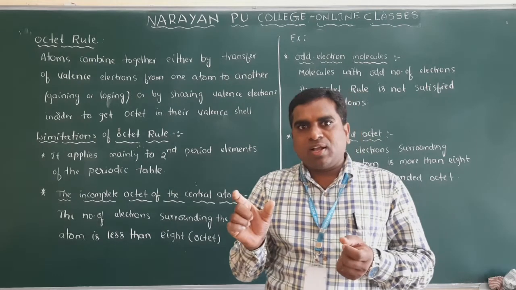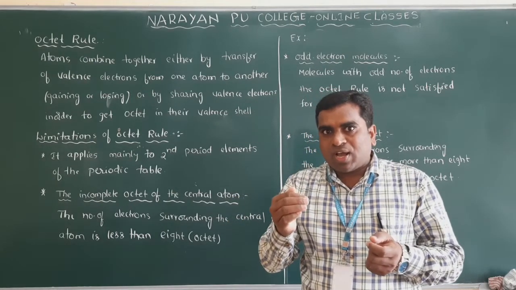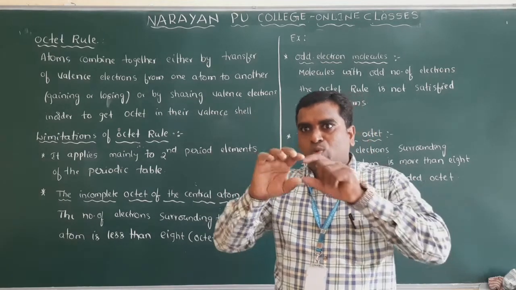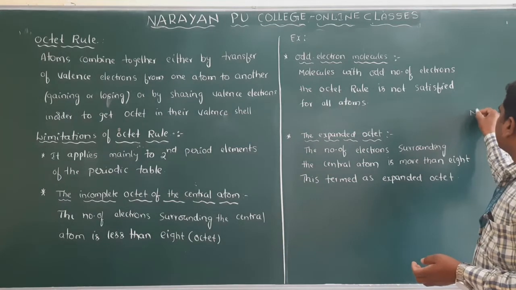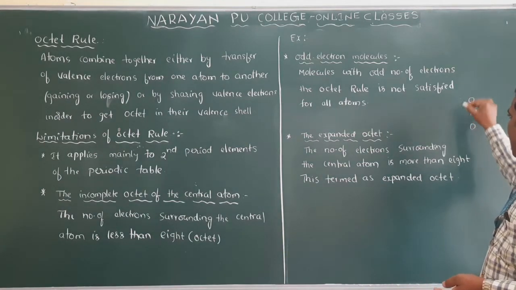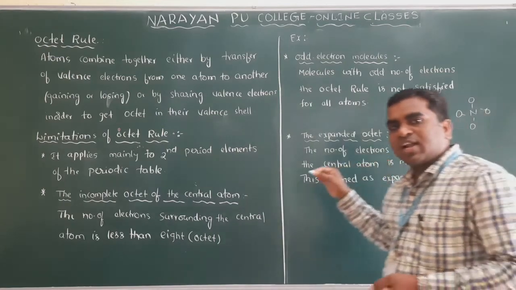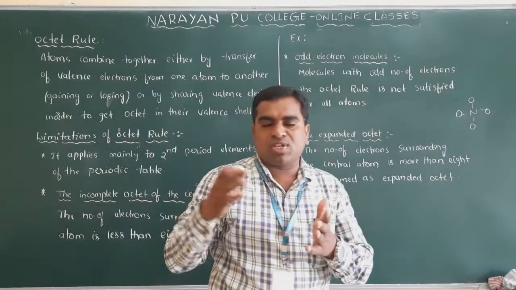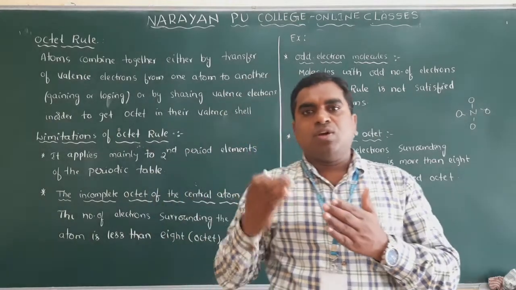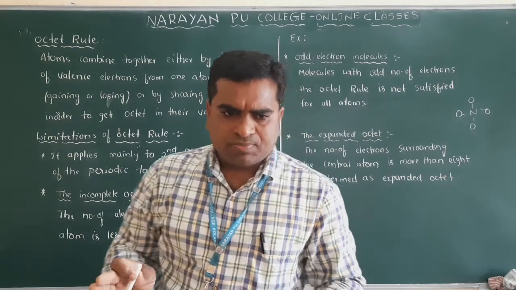But the central atom should have the characteristic that it can form more than one bond, because around the central atom many atoms will be present, so it has to make bonds. So the central atom should have the capability to form more than one bond. That's why hydrogen and fluorine we always consider as terminal atoms. Clear? That we have already discussed.